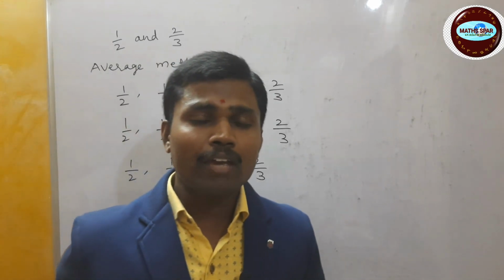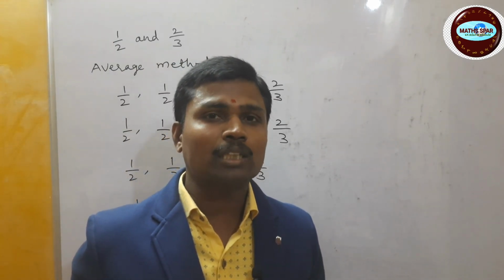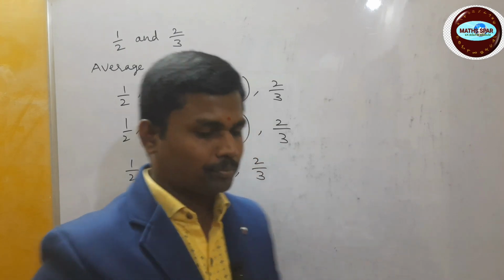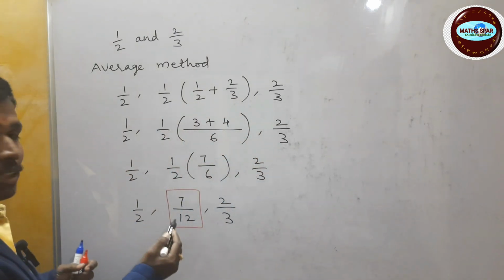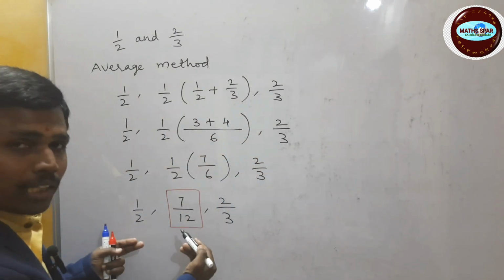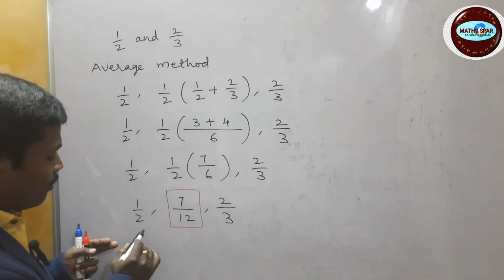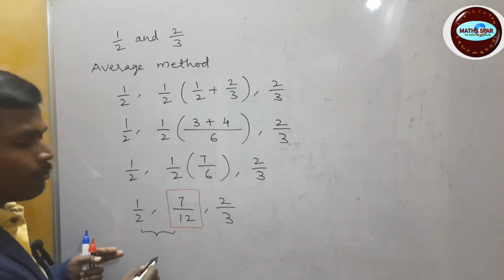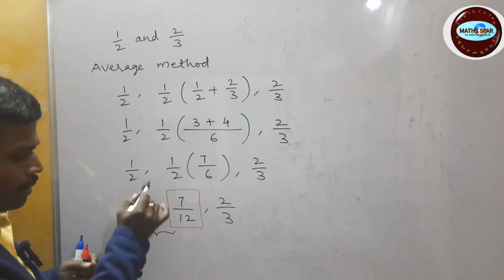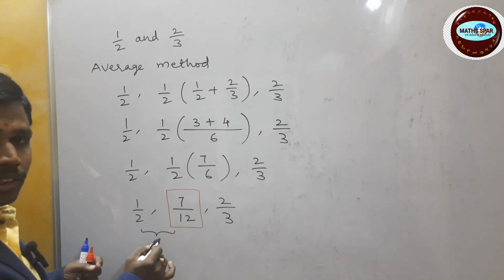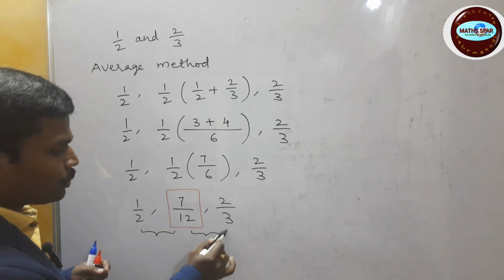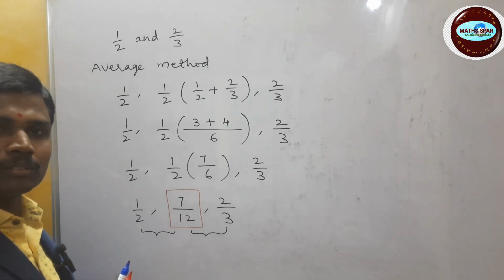What happens if two rational numbers are supposed to be found? Then surely after finding the first rational number, the second rational number may come in between the first two rational numbers or the next two rational numbers.